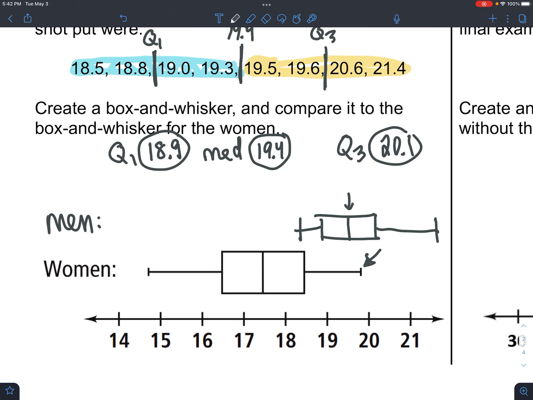But overall, it seems like the men's range is a little smaller, and even the worst performing man in the study was still above the 75th percentile for women. Okay? So they're in the same ballpark, but men seem to throw a little further when studying this.